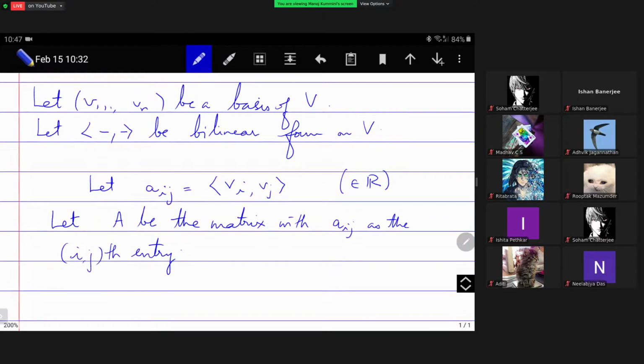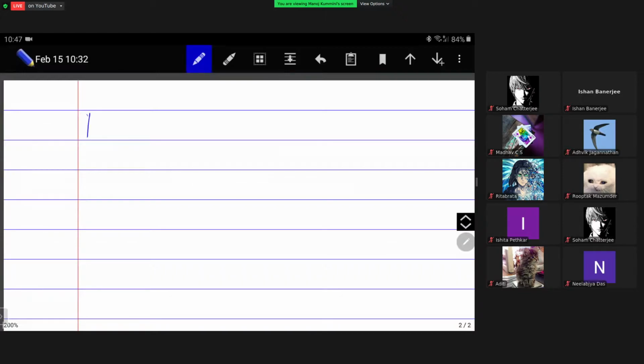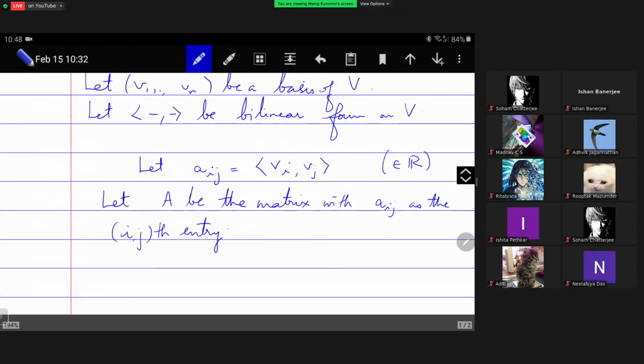So then, proposition, with notation as above.